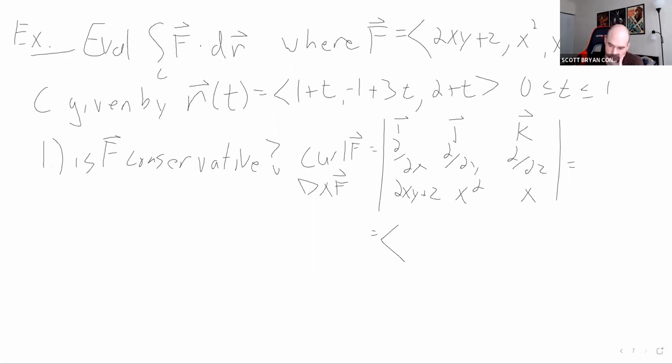So i times d/dy of x, which is 0, minus d/dz of x squared, which is 0, minus j times d/dz of (2xy + z), that's 1, minus d/dx of x, which is 1, that's also 0. And then k times d/dx of x squared, which is 2x, minus d/dy of 2xy, which is also 2x. We do indeed get the zero vector. So F is conservative.